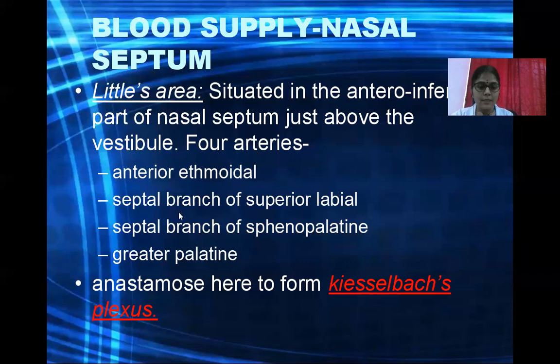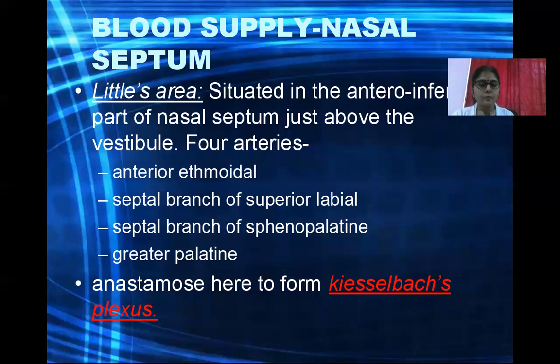The septal branch of the superior labial, septal branch of the sphenopalatine, and greater palatine are branches of the external carotid artery, whereas the anterior ethmoidal artery is a branch of the ophthalmic artery, which is a branch of the internal carotid artery. All these anastomose and form Kesselbach's plexus, an arterial plexus which is one of the most common sites of anterior nosebleed.